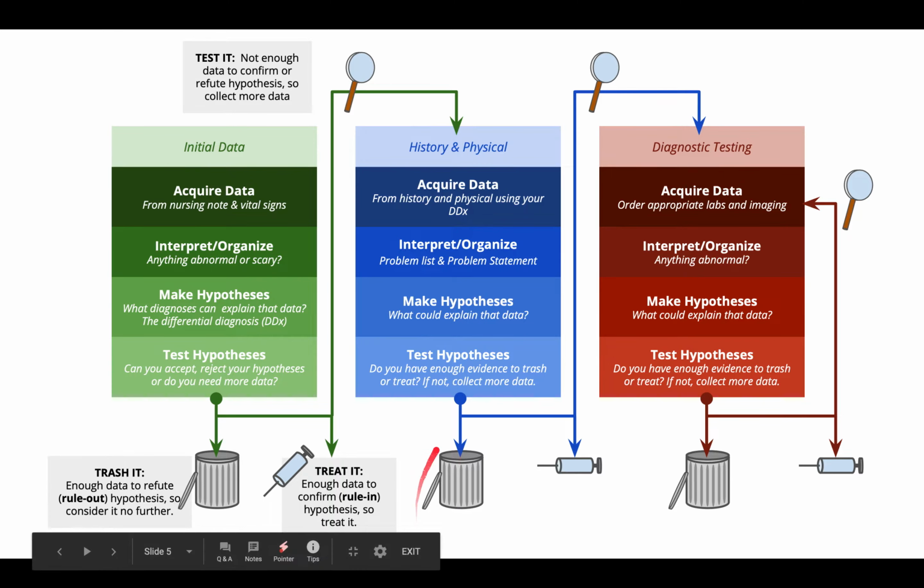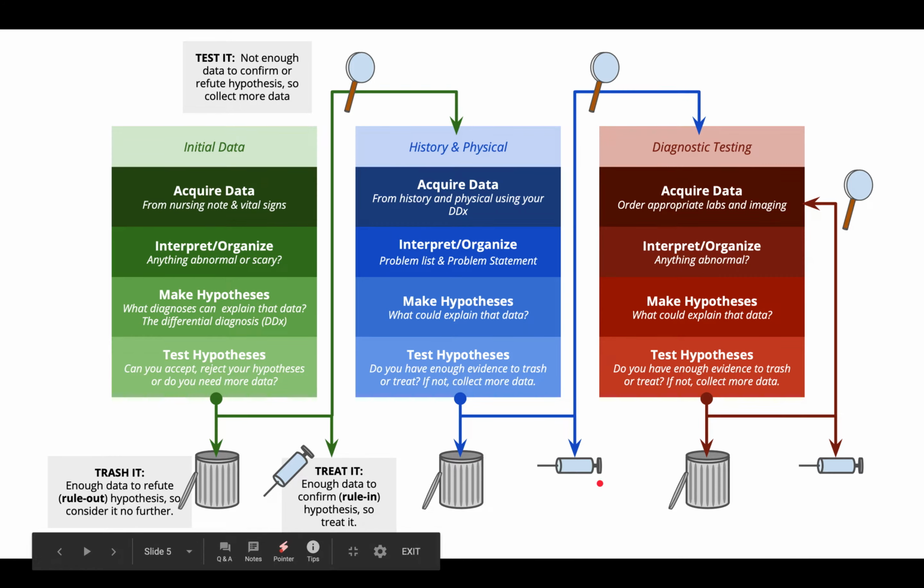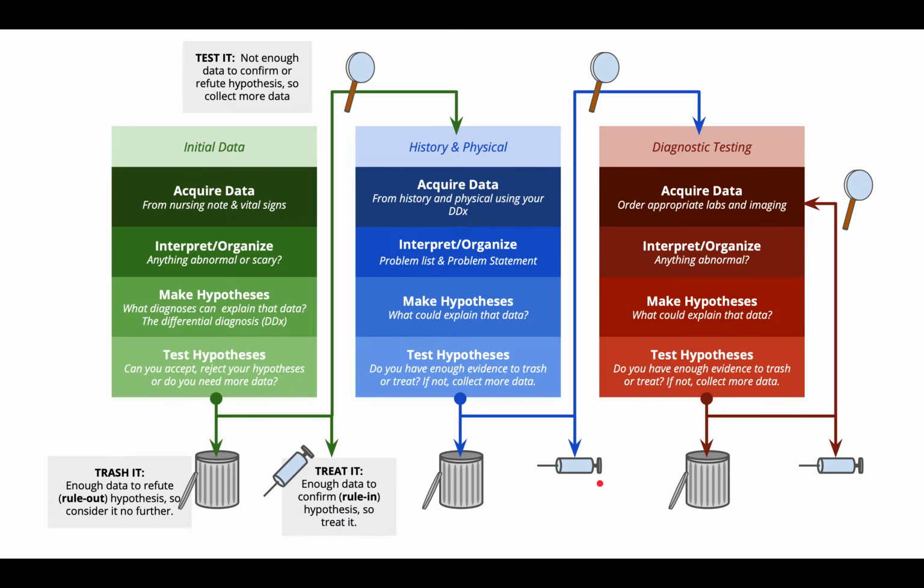And again, we're going to say if we are below our testing threshold, we trash it, right? We rule out that diagnosis. We don't need it. If we are above the treatment threshold, then we're going to treat it. We are going to keep that one. We have ruled it in.